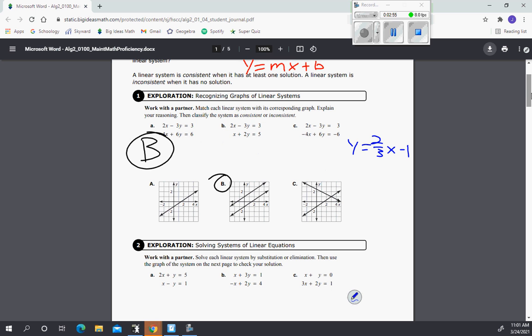The other one, x plus 2y equals 5. We get 2y equals negative x plus 5. Divide by 2, we get y equals negative 1/2 x plus 5 over 2. Okay, looking at that, looks like that's going to be C.